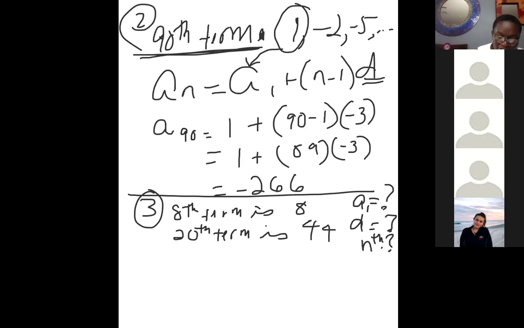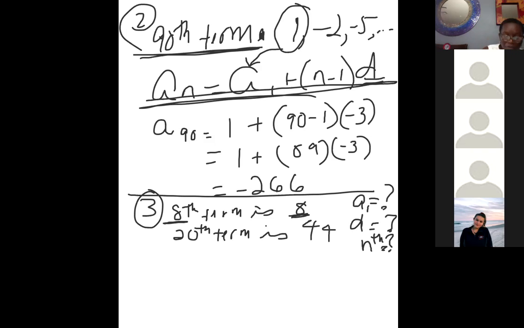What's the nth term formula for this sequence, where the 8th term is 8 and the 20th term is 44? All right, guys. So we're going to go to the formula again and plug in what we have. We have n, and we also have a sub n.